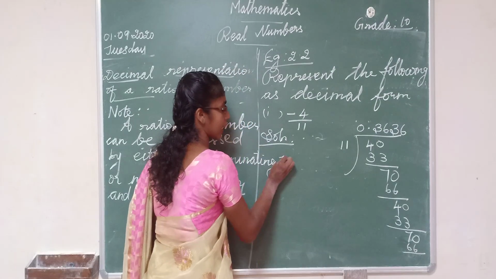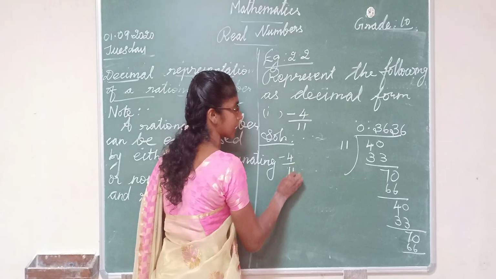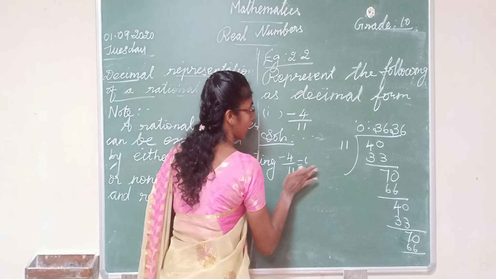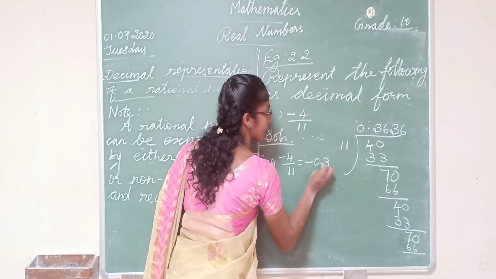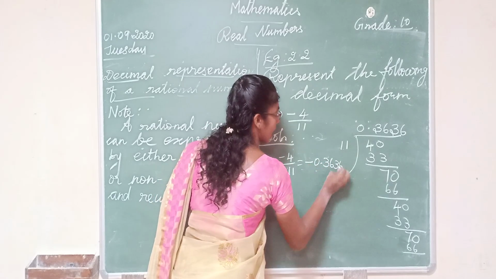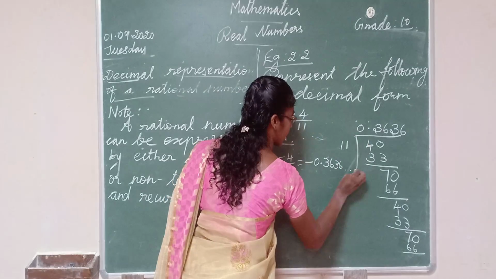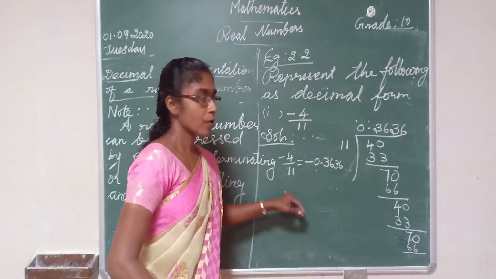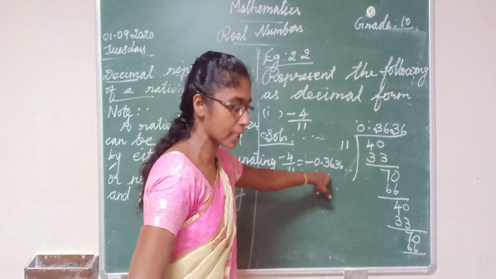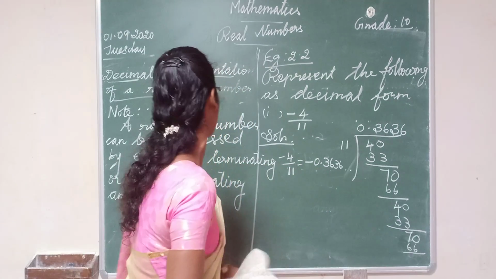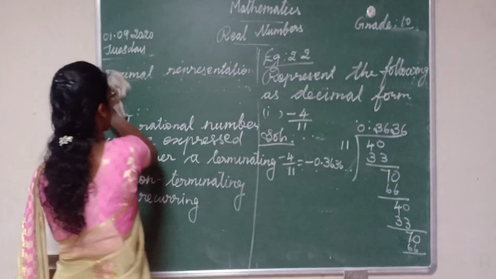So we can write minus 4 by 11 is equal to minus 0.3636 etc.